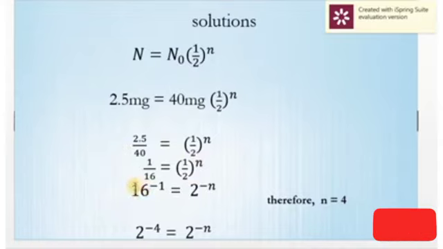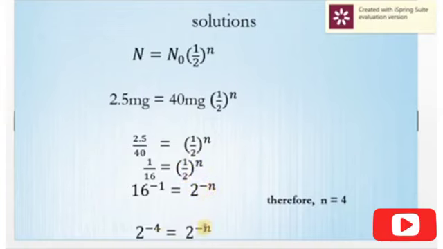After that, we express 16 as a number with a base of 2. So 16 is 2 to the power 4. Now that power 4 will be multiplied by the negative 1 that is already there, and it gives us 2 to the power negative 4, which is equal to 2 to the power negative n. We express half as a number with a base of 2, so it becomes 2 to the power negative n.